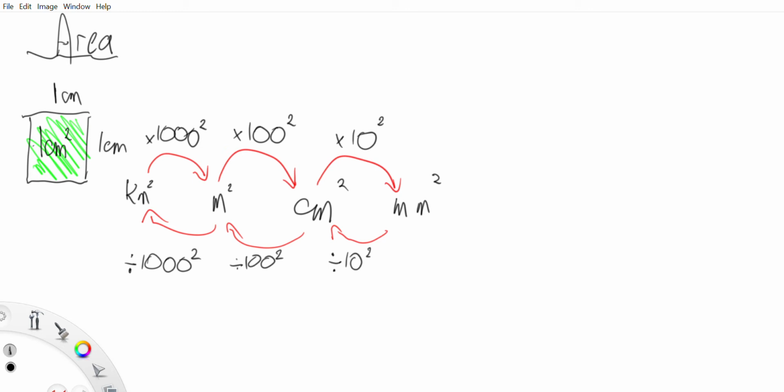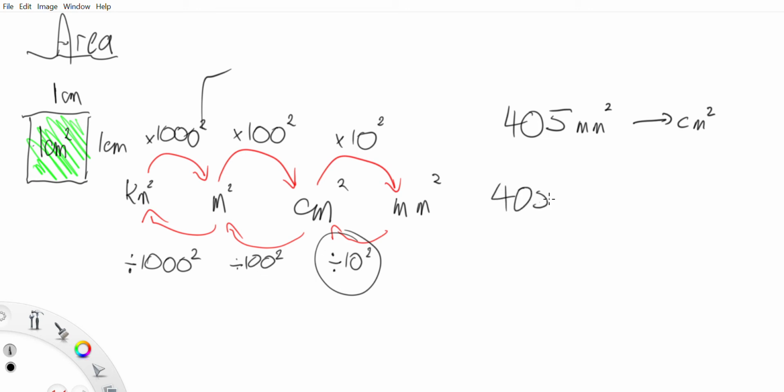So let's say we've got 405 millimetres squared, and we want to convert that to centimetres squared. What do we have to do to go from millimetres squared to centimetres squared? We need to divide by 10 squared. So we would say 405 divided by 10 squared, and then we can put that into our calculator. 405 divided by 10.